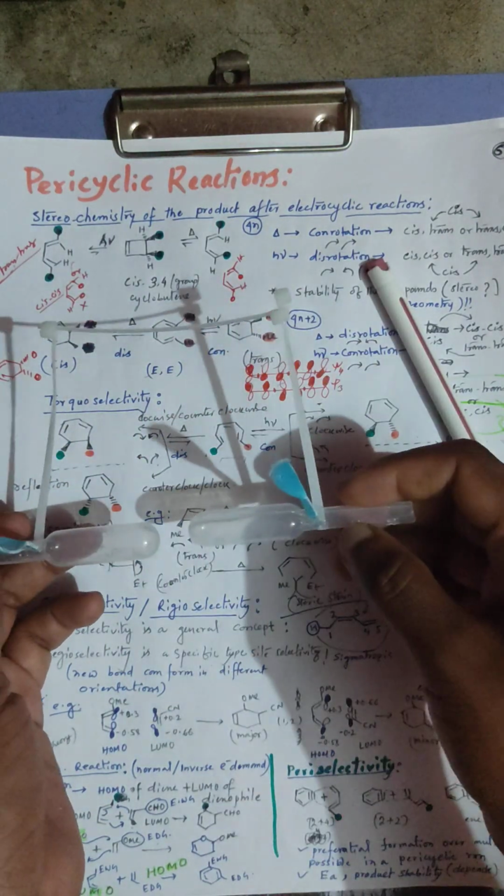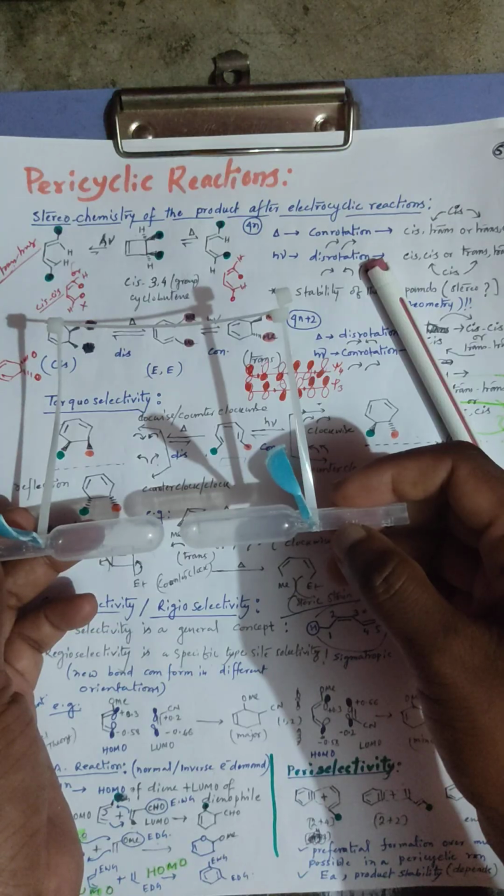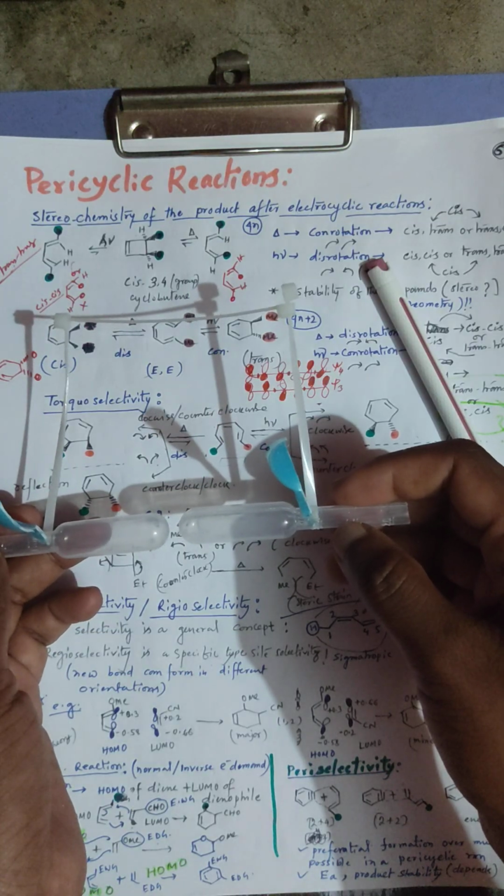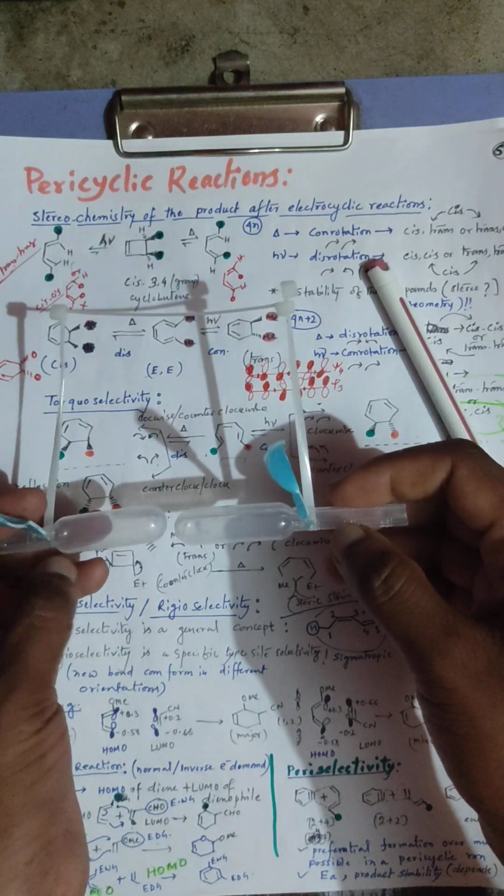When the ring opens via photochemical condition, it follows the disrotation motion.